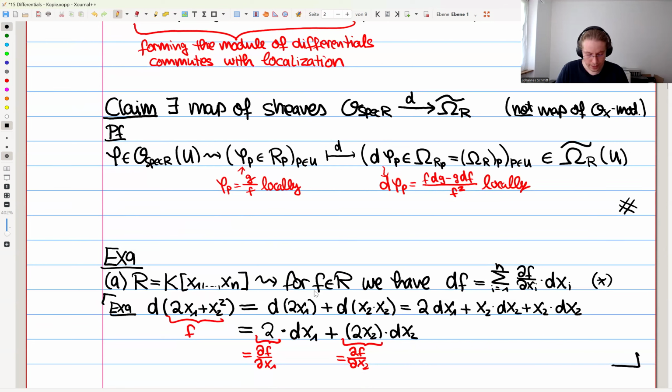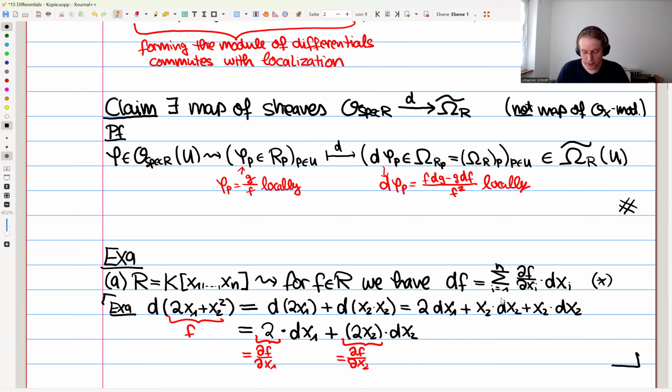And here the claim is that just from the rules, from these three possible relations, you can show that for any polynomial f like this, this symbol df can be written as a linear combination of the symbols dxi for the coordinate functions. And the coefficients are exactly the partial derivatives of f along these functions.